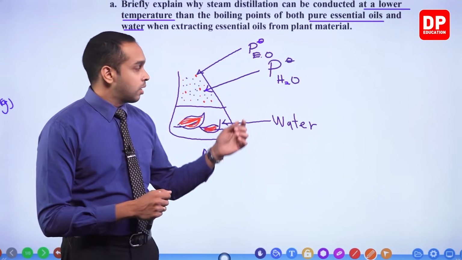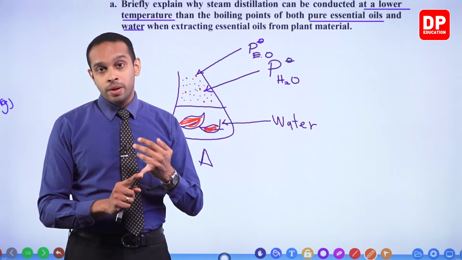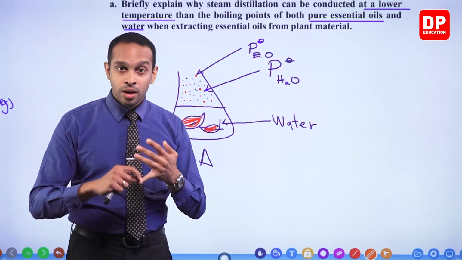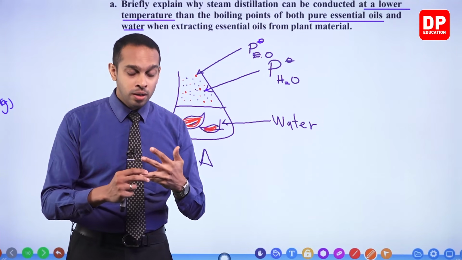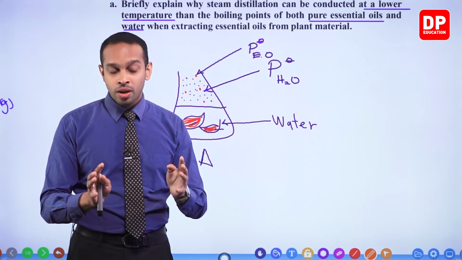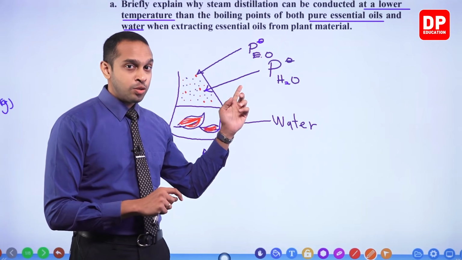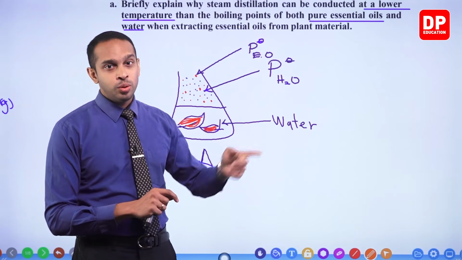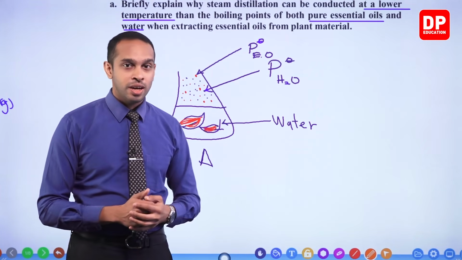So in this scenario, the saturated vapor pressure of water plus the saturated vapor pressure of essential oil is considered to be the total vapor pressure. And when the total vapor pressure is equal to atmospheric pressure, the mixture will start to boil.